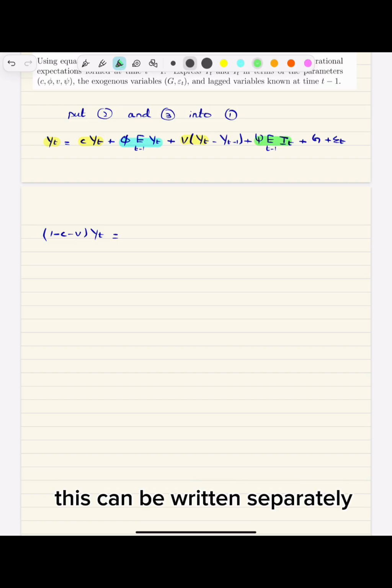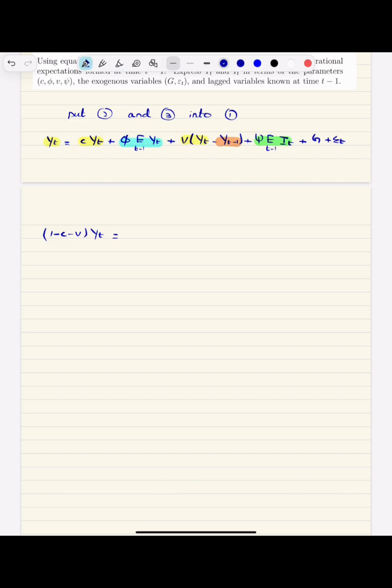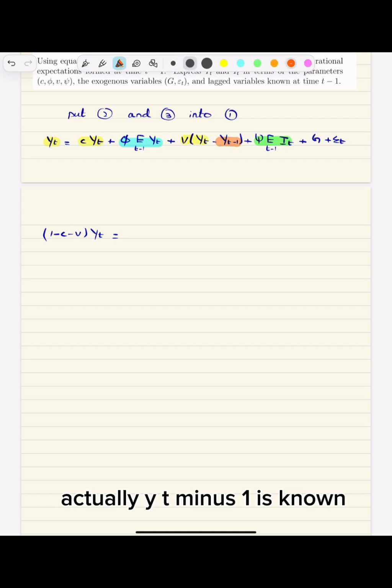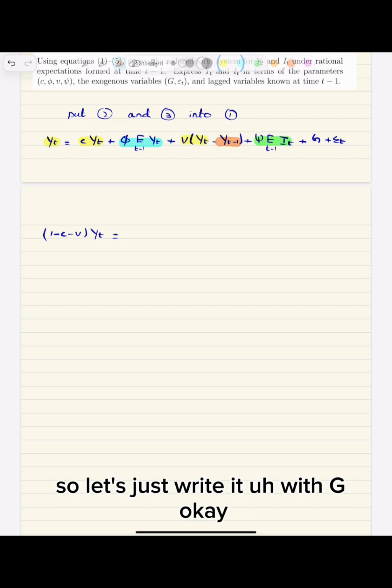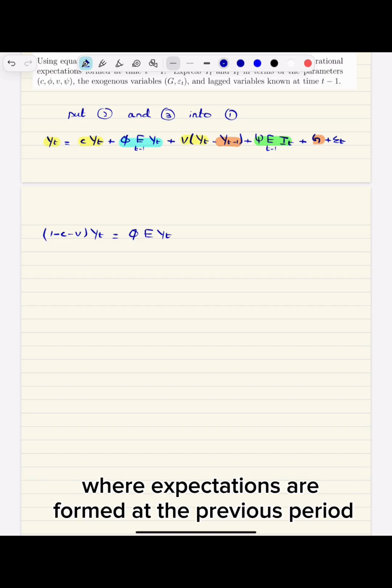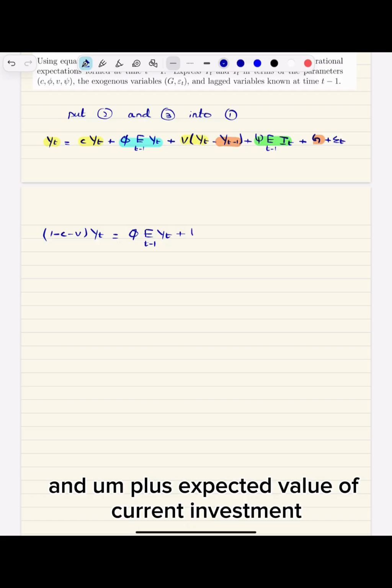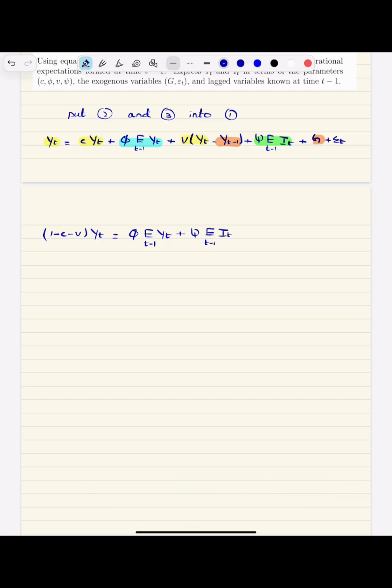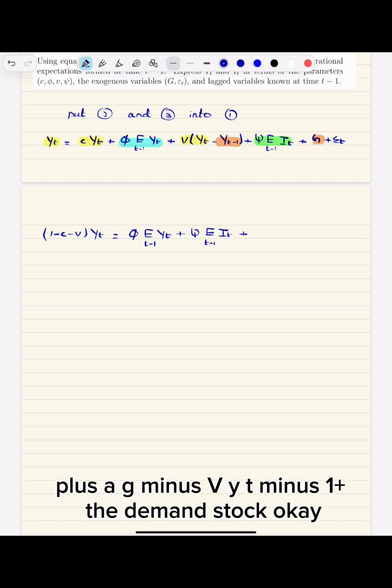Actually Yt minus 1 is known, so let's just write it with G. So we have the expected value of current income where expectations are formed at the previous period, plus the expected value of current investment, plus G minus v Y at t minus 1, plus the demand shock.